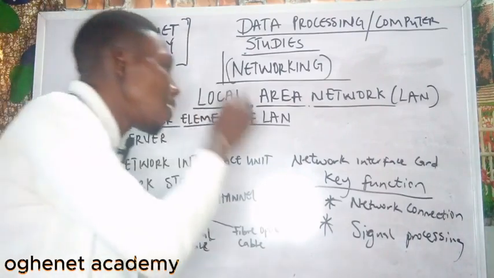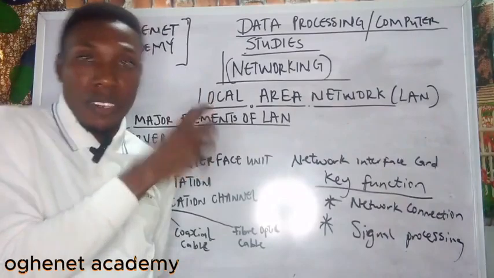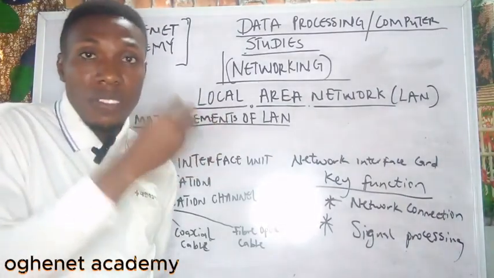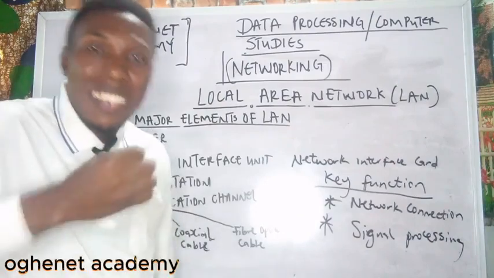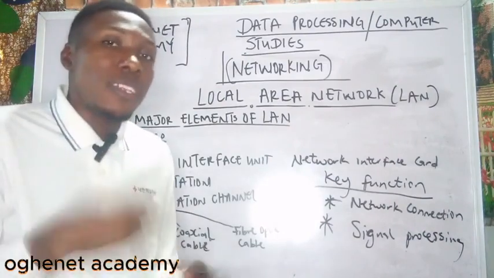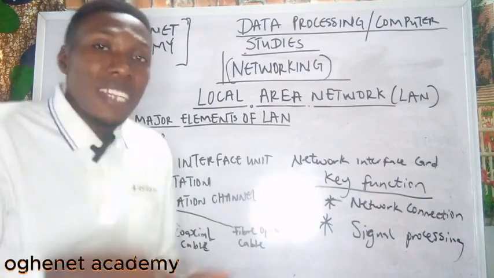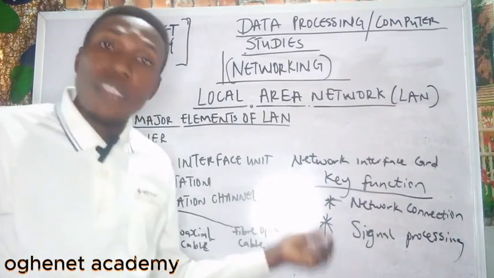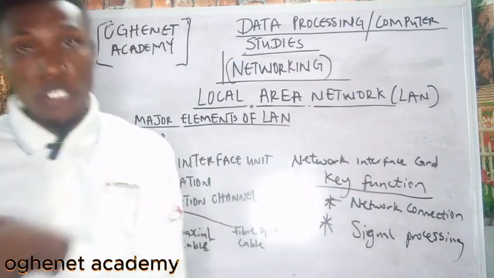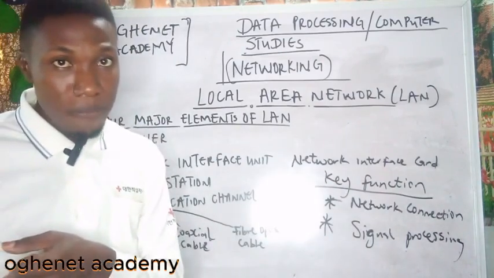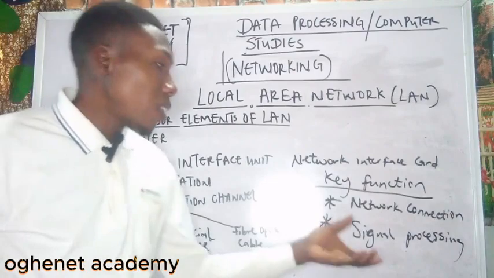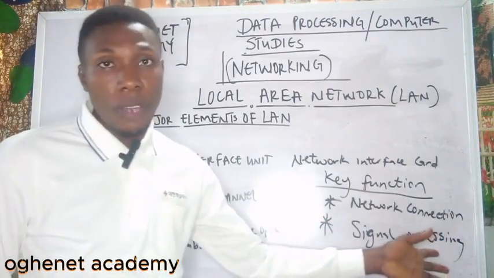So the network interface unit is that particular device that enables the conversion of the data to a signal that can be transferred from the server to the workstation. Are you getting it?